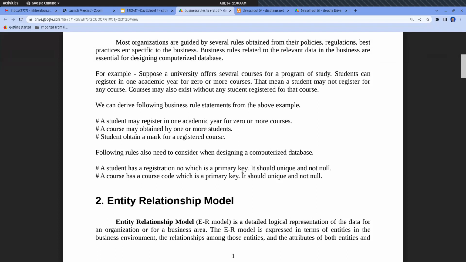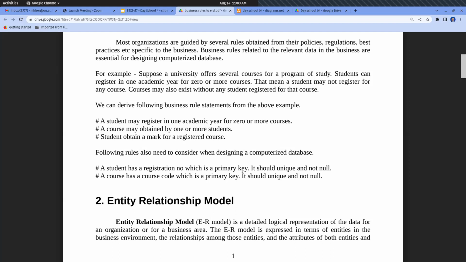The NIC is also a primary key, because in Sri Lanka, when we consider the NIC of a person, it is a unique number for each person. It should be unique and not null. Not null means not empty; it cannot be empty.